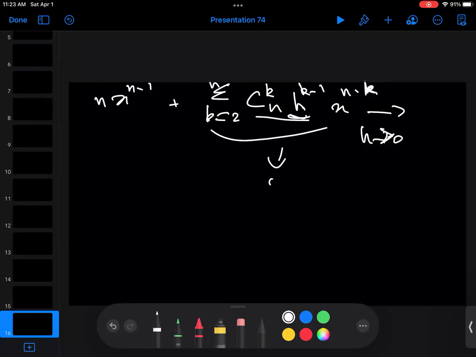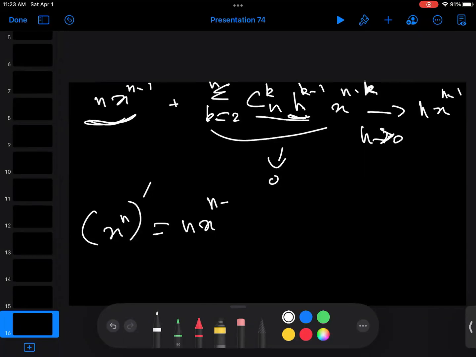The only term that remains is n x to the power n minus 1. So finally, we got that the derivative of x to the power n is n x to the power n minus 1.